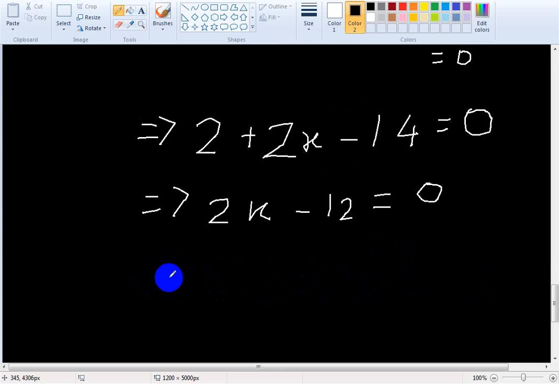What is the value of x? Yes, 6. Good. So the chromium oxidation number here is 6.